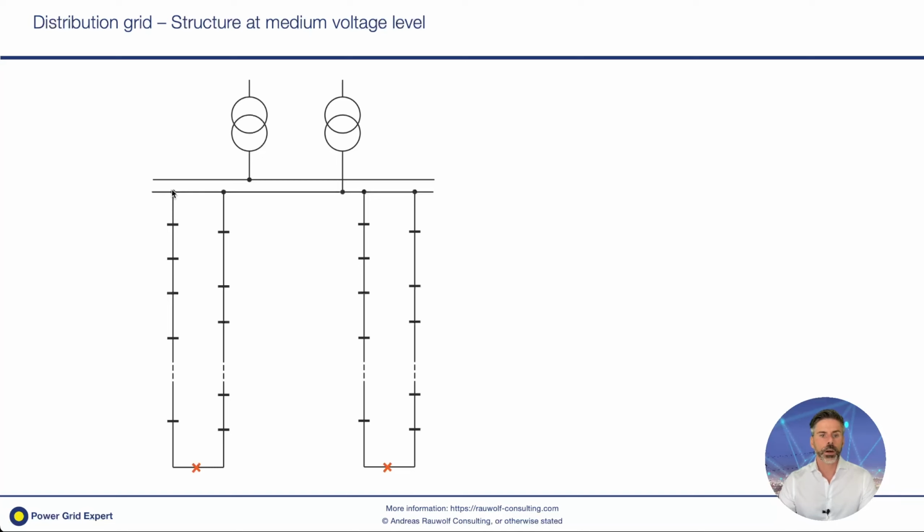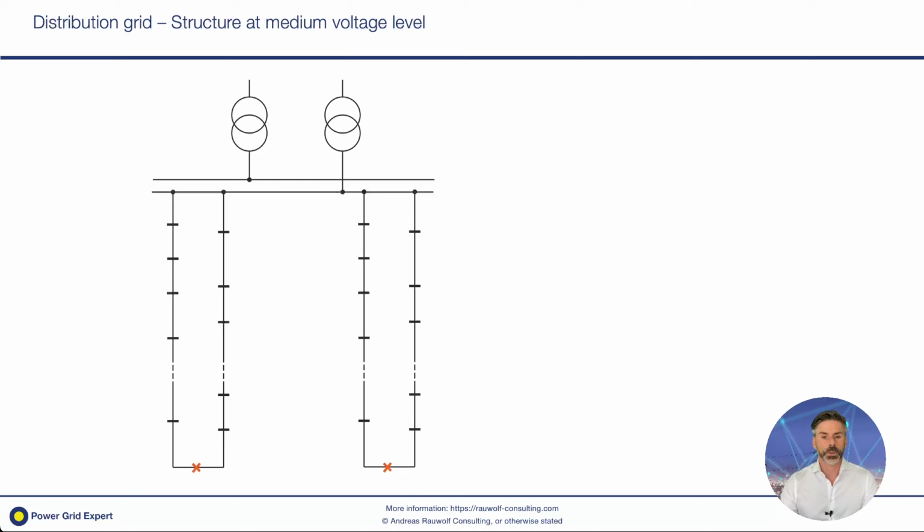The feeders are the connecting point to, let's say, the outside world, which means there is a cable, there's an overhead line, and on that overhead line or cable network, we have so-called substations. So remember, we are here in medium voltage level, 20 kV, 10 kV. So we still need somewhere a transformer to step down to our household voltage, 230 or 400 volts.